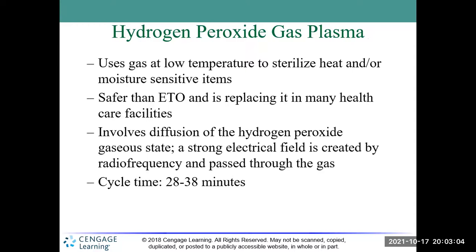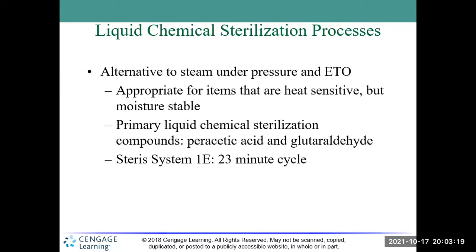The only thing is that there's a strong electrical field created by this gas state of hydrogen peroxide. That's to be considered, but the cycle time is only 28 to 38 minutes, so that's a time saving.